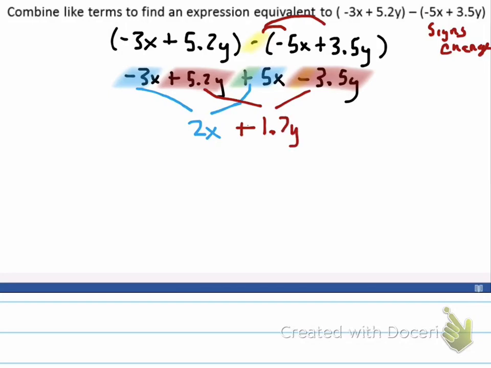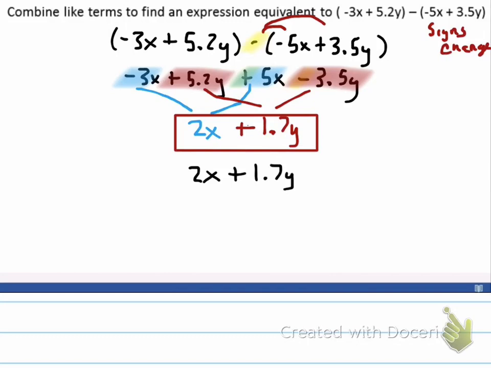Alright, so there's my answer. Alright, so I can rewrite that in black. But, just so you know, that's all you do. You have to change your signs.